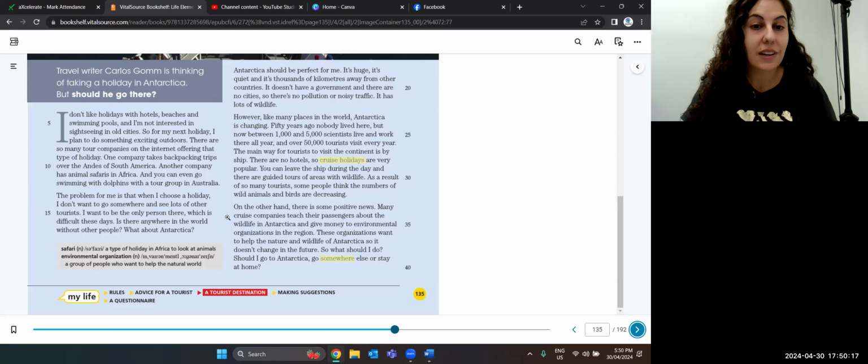Many cruise companies teach their passengers about the wildlife in Antarctica and give money to environmental organizations in the region.